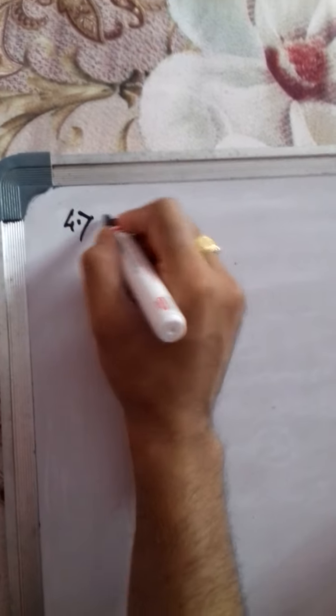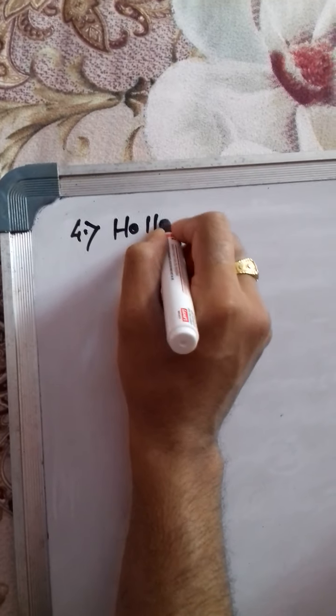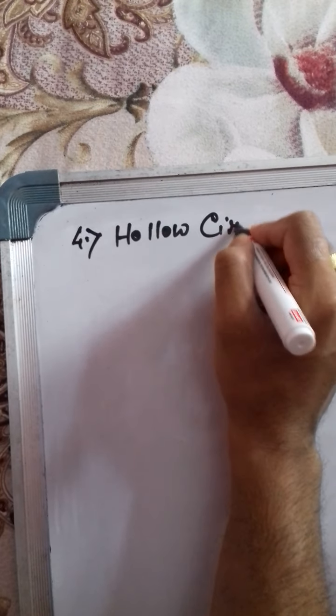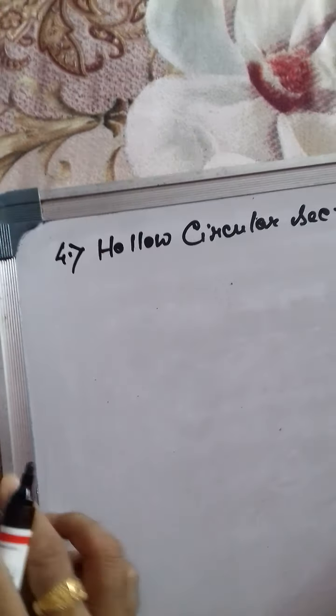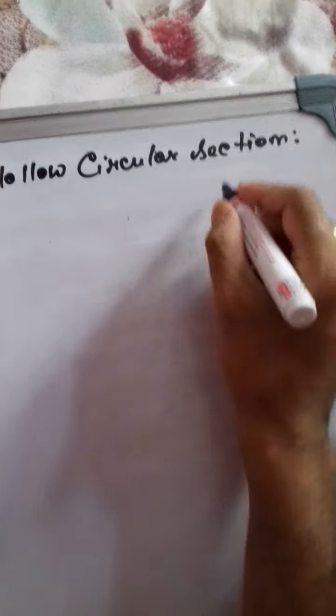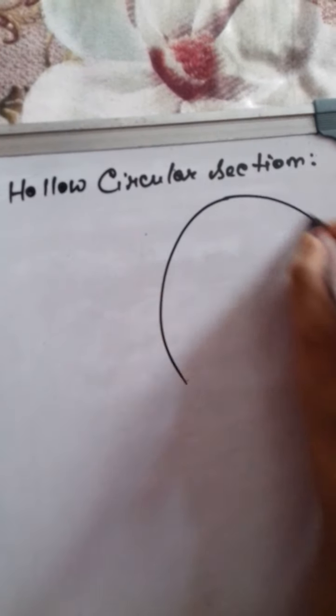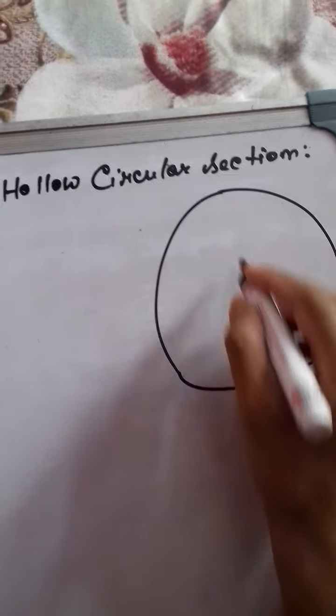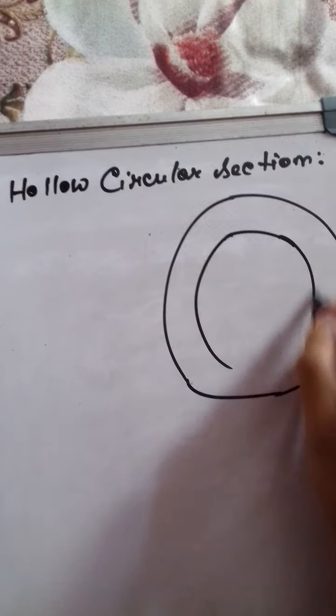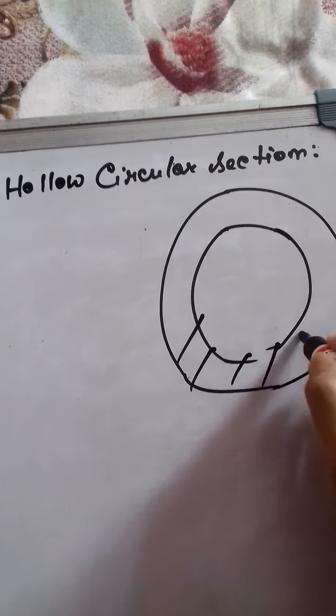Let us do it for a hollow circular section. Now if you draw the figure, again it is a hollow section, so there will be a void space, right? So this is a hollow circular section.